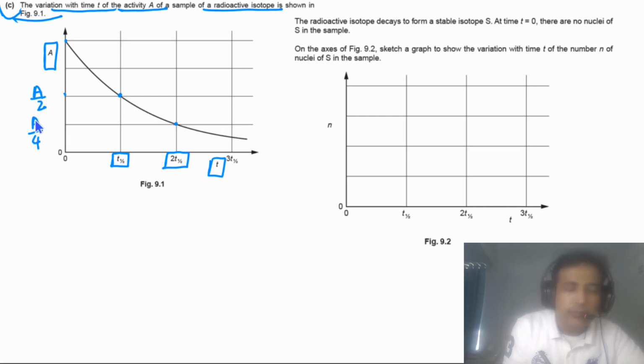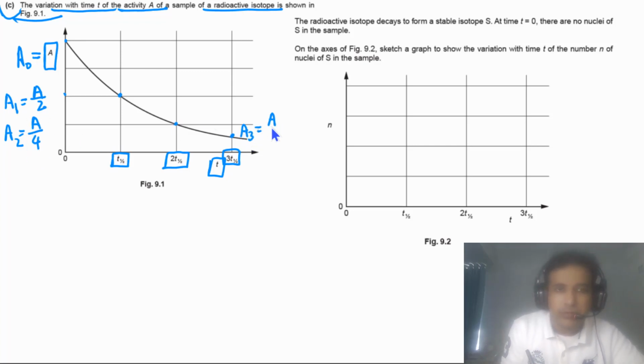We can say this is the initial activity A0, and after one half-life we have activity A1, after another half-life A2, and after another half-life A3. This will be half of this, so simply A by 8. So this is how activity is decreasing.